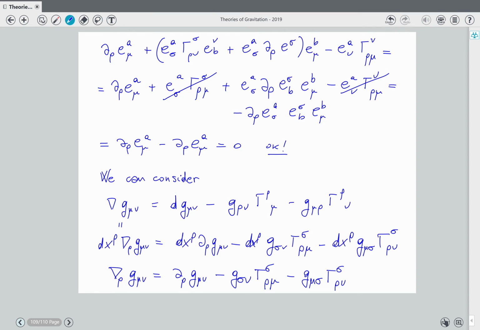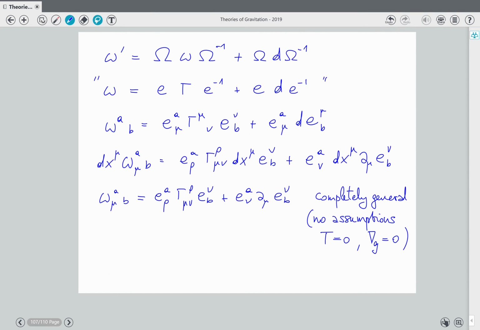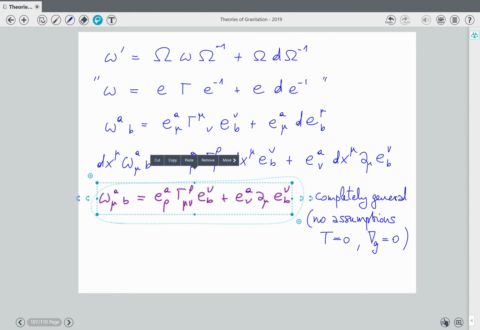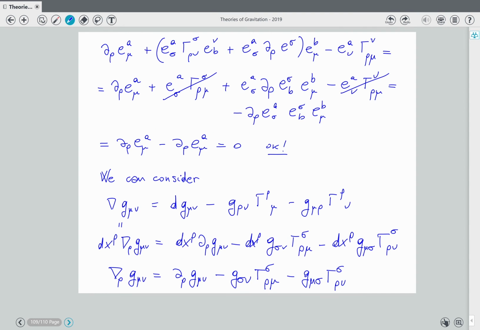And when that happens, thanks to this relation, if gamma is a function of the metric, so gamma is a function of the field band, the spin connection will be a uniquely identified function of the field band, given by this formula. So if metric compatibility and the torsionless condition hold, there is one and only one expression for the spin connection.